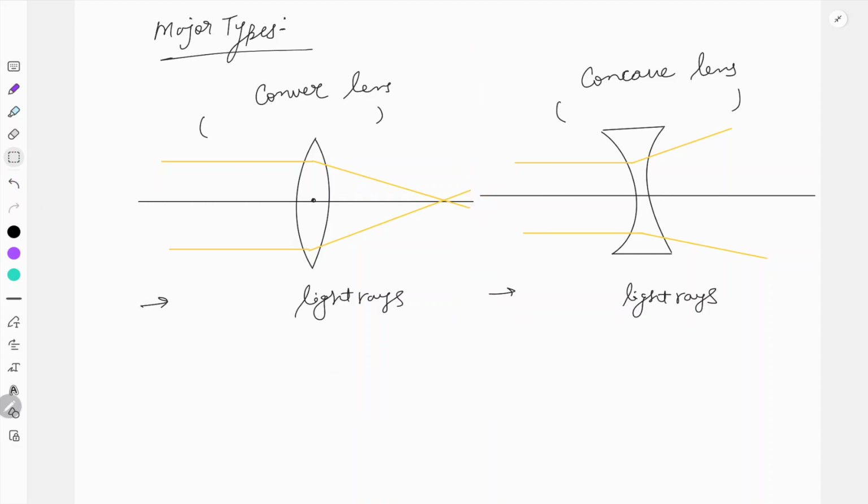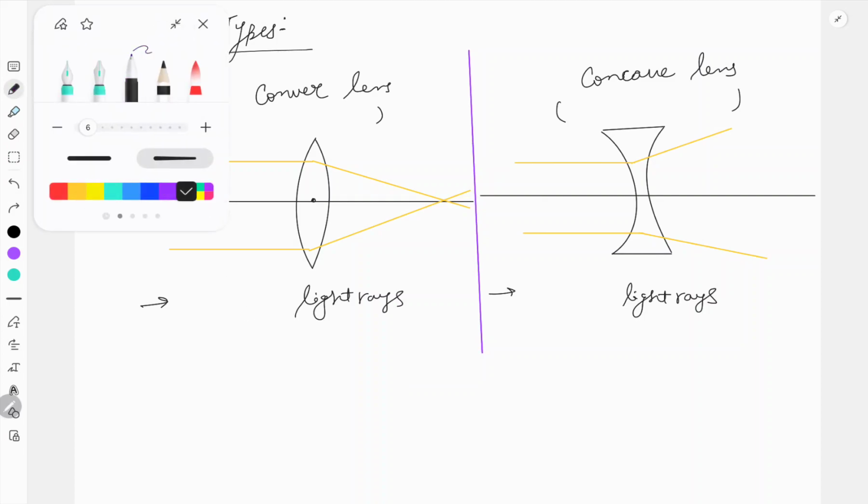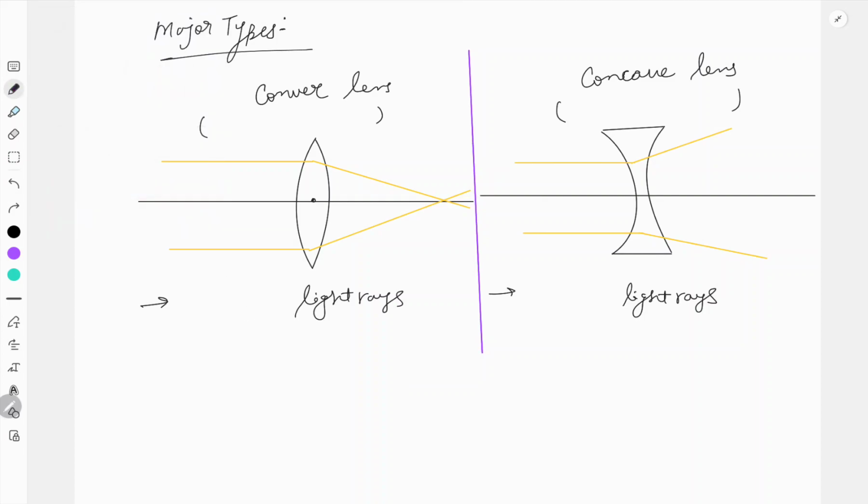So these lenses are converging light rays, and these lenses are diverging light rays. So based on these, we call convex lenses convergent lenses, right? Convergent lens.